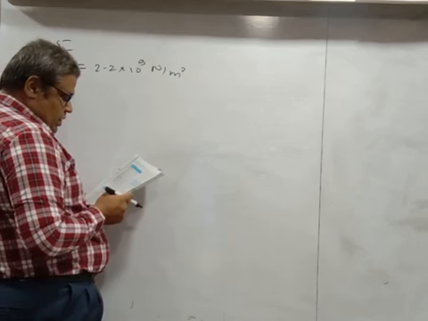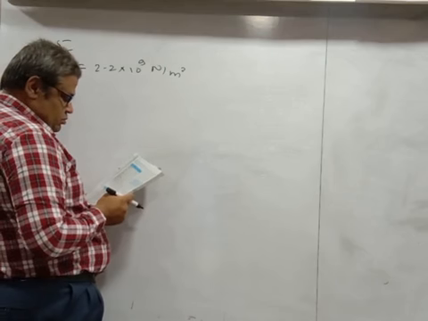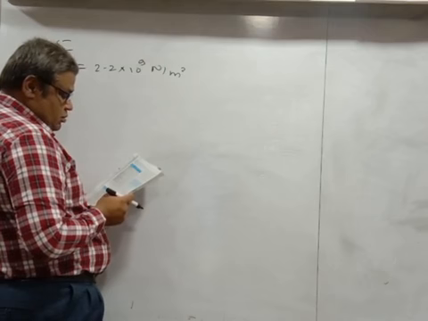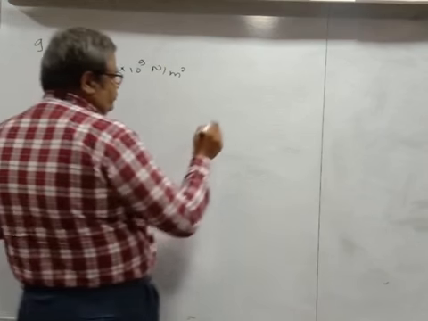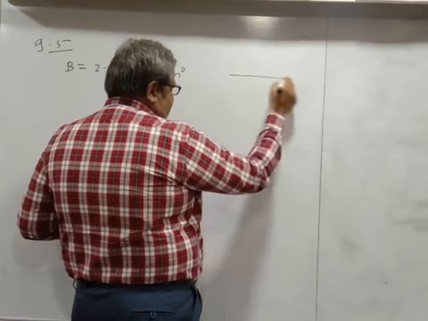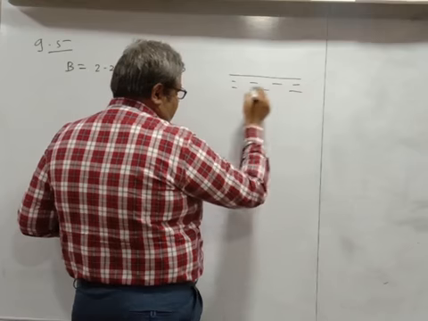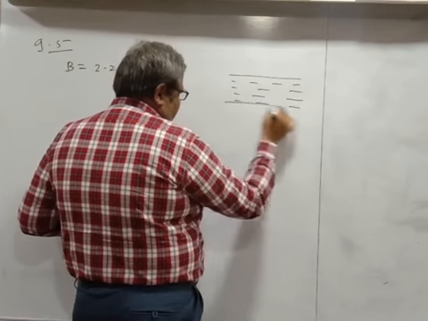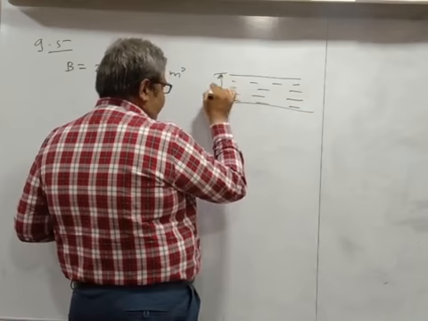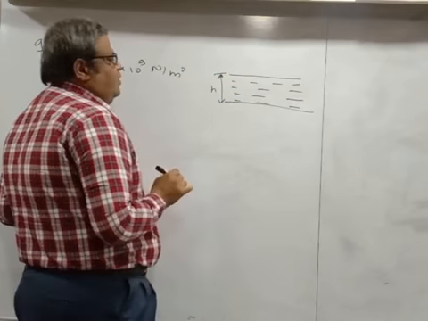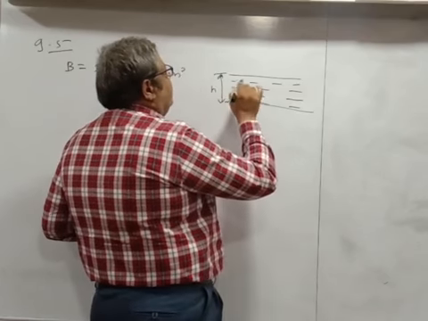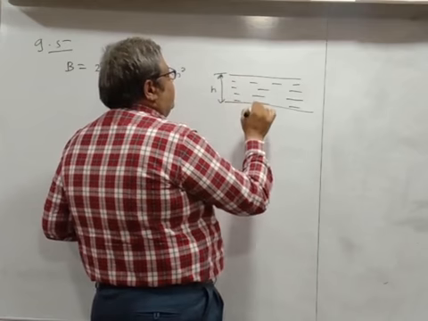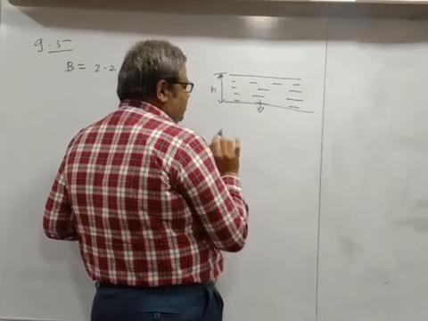Okay. Now, fractional compression delta V by V. Listen here. Suppose this is the ocean, and the height of the ocean is h.